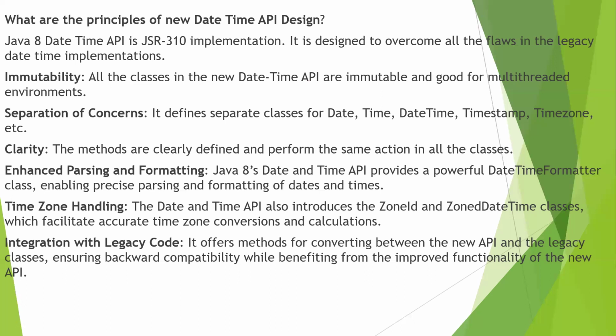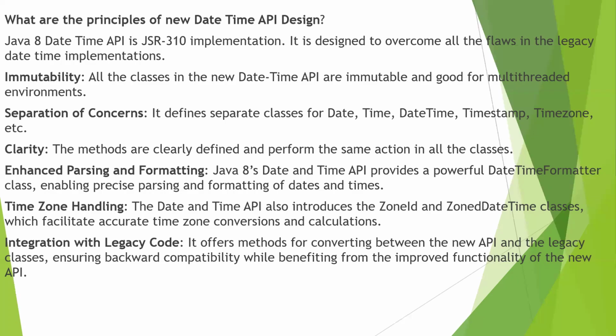Both you can do. A very good and very important thing that was introduced here is time zone handling. These APIs have introduced the ZoneId as well as ZonedDateTime classes, which facilitate accurate time zone conversions and calculations, which is not available in the previous versions of Java.